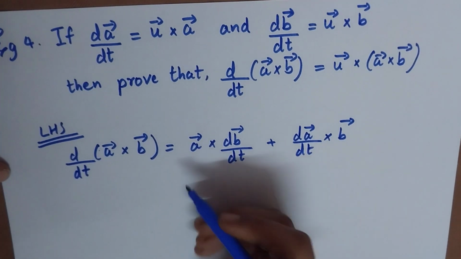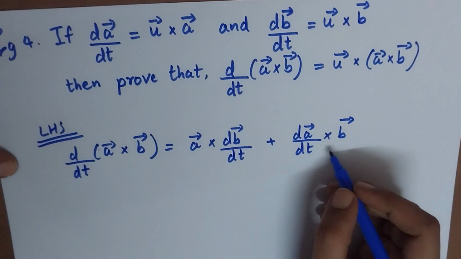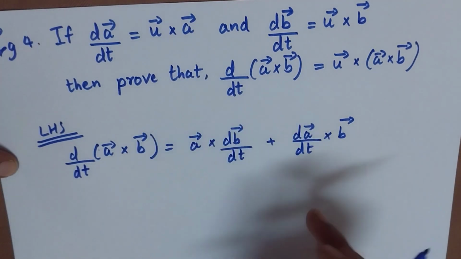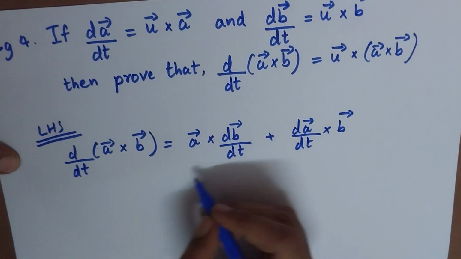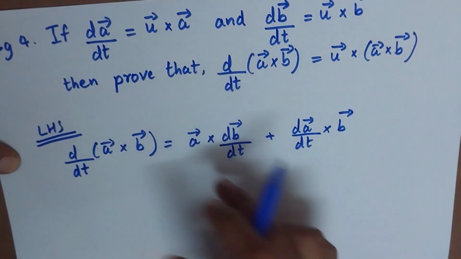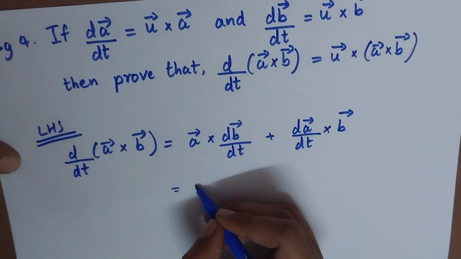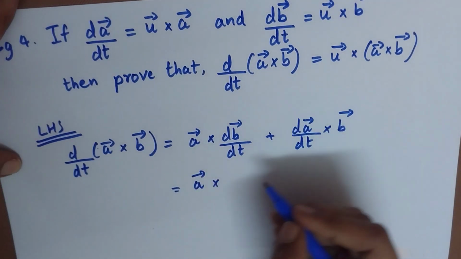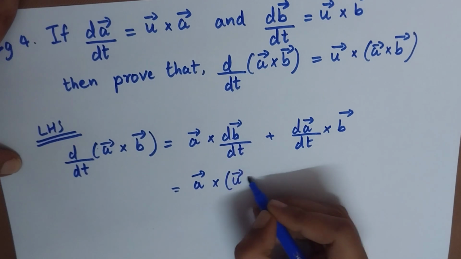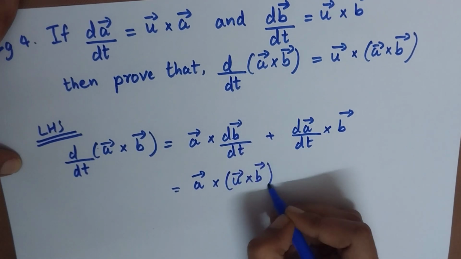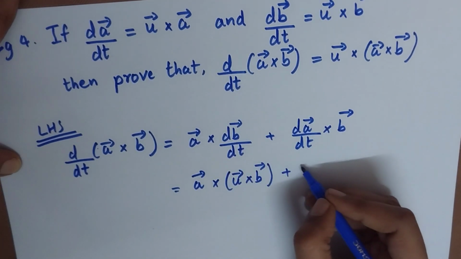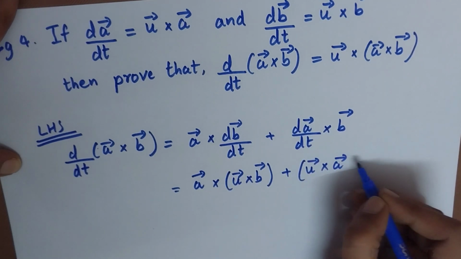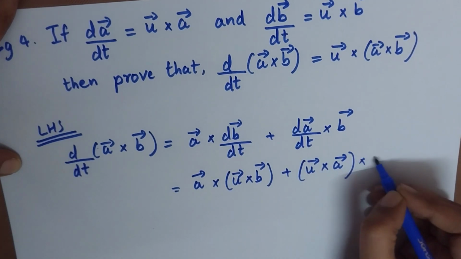Now we know what dB/dt and dA/dt are. It's already given in the question. So we can write these two terms. This is equal to a cross (u cross b) plus (u cross a) cross b.